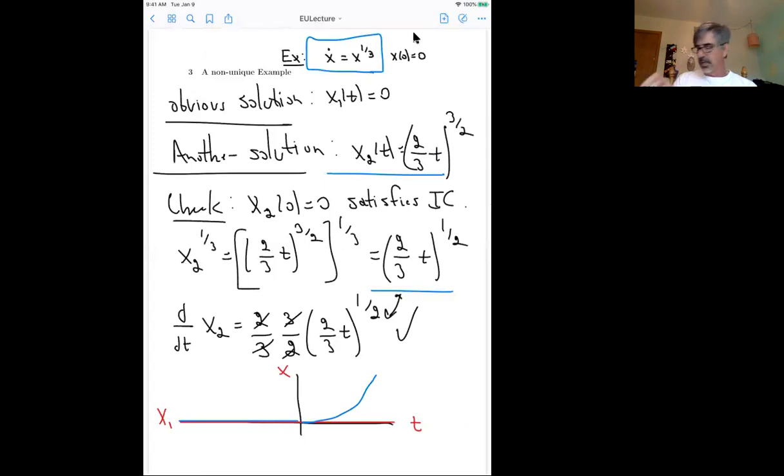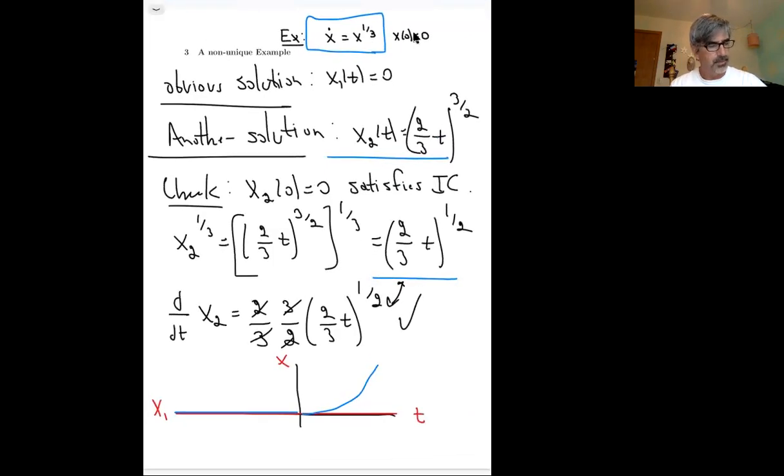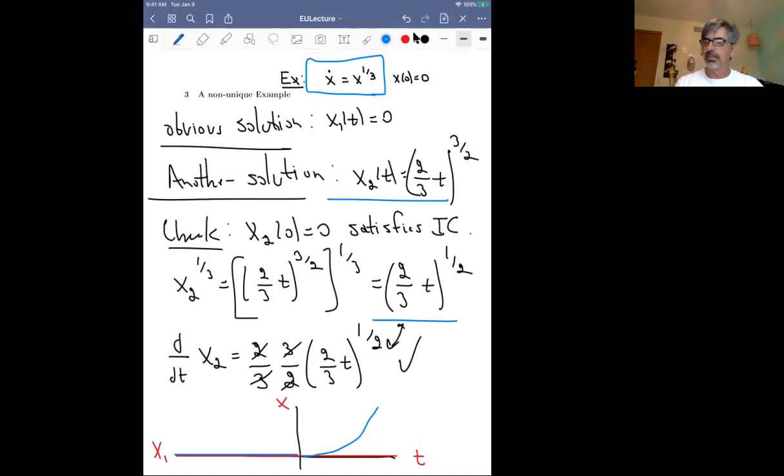I said, but you don't have to believe me, that the problem is that this function, the vector field, is not differentiable at x equals 0, which corresponds to the initial condition. And that is going to point to a hypothesis of the existence and uniqueness theorem about the differential equation itself. So when we get back, in the next video, we're going to start talking about some of the tools needed to prove the existence and uniqueness theorem.